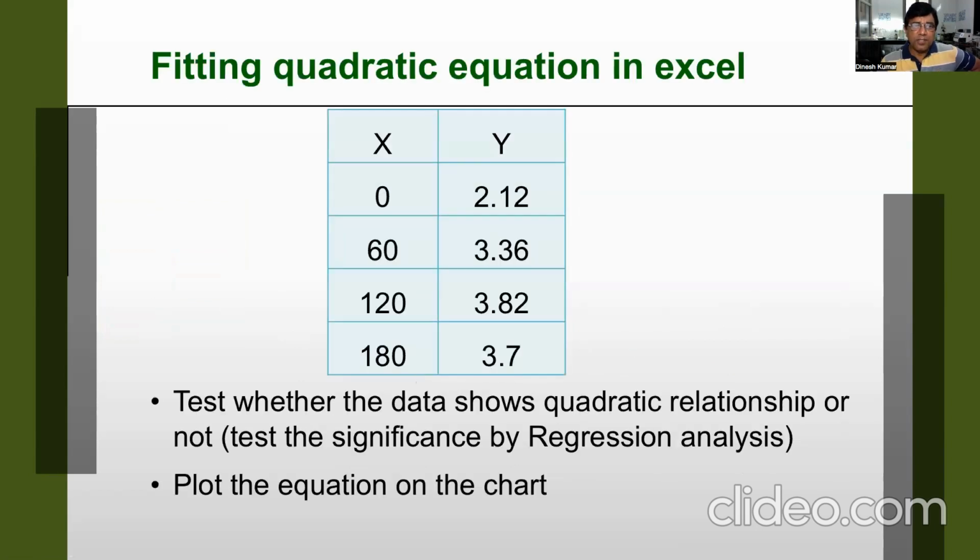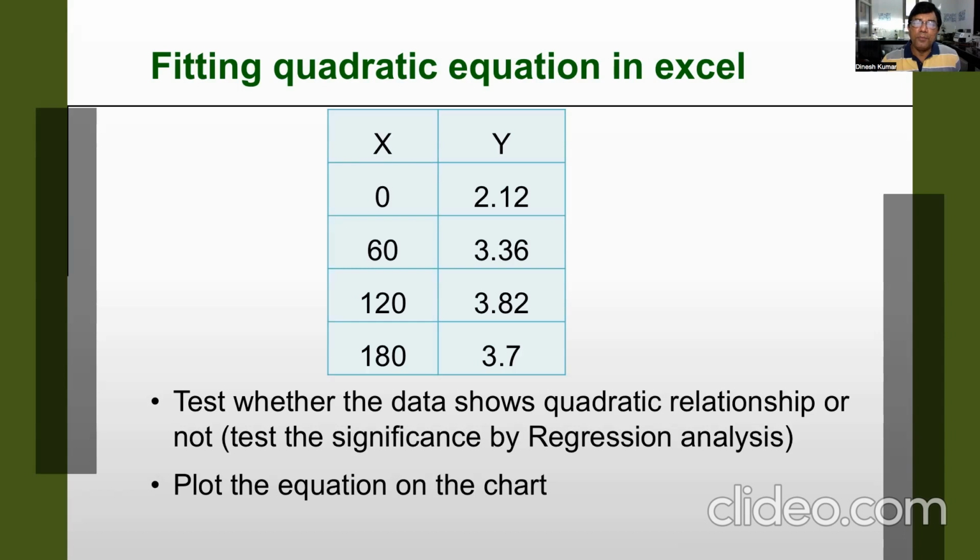Fitting quadratic equation in Excel. So I start from here. It was just recapitulation of the things. Now you go two variables, X and Y, and we are going to do analysis in Excel. I have taught you how to do it manually. And from this, there were several corrected sum of square, capital Z1, capital Z2, their means, and then you got several corrected sum of square, small z square, capital Z, Z1 square, Z2 square, summation Z1, Y1, so many parameters were calculated.